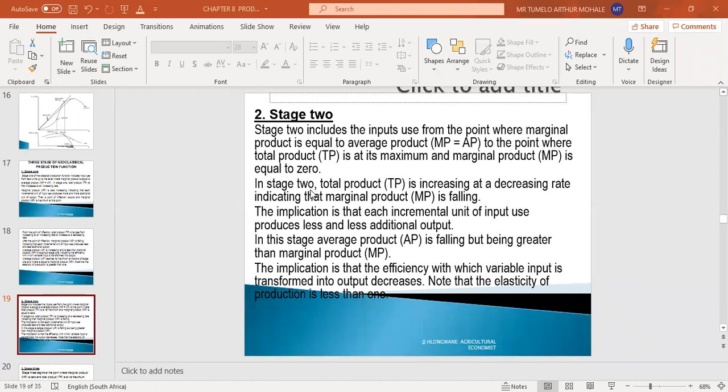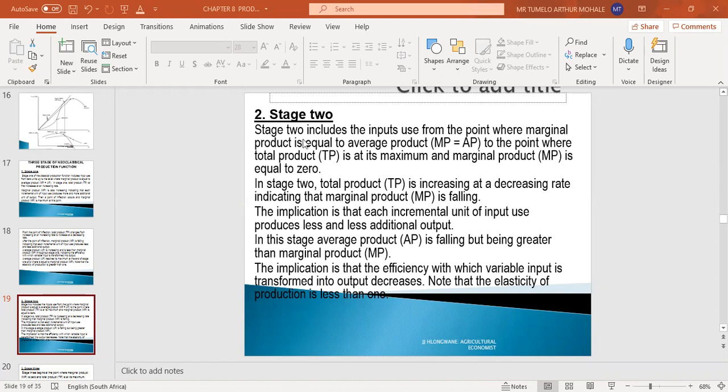So they might say in the upcoming exam, calculate the value of X when the TPP reaches its maximum. Or they say, calculate the level of X when APP reaches its maximum.